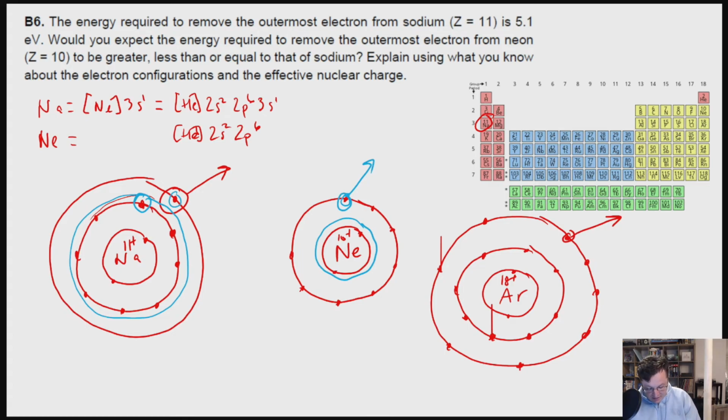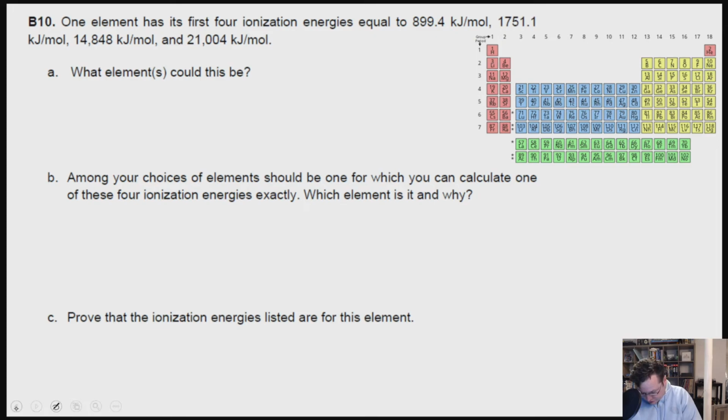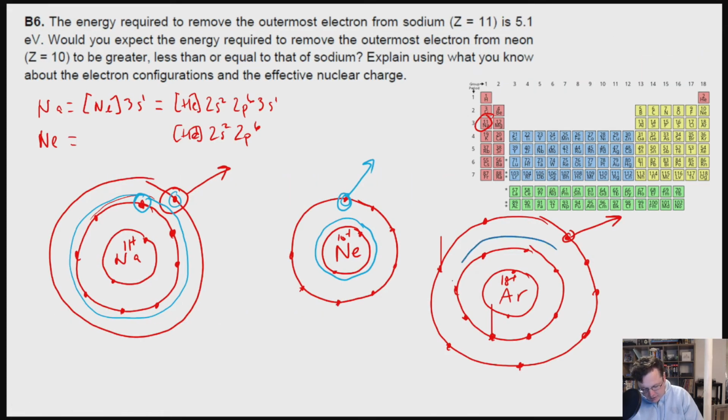And the reason again for that is there's more shielding electrons in between that outermost electron and the nucleus. Even though the nucleus has more protons, there's still more shielding electrons in between the two of them. And there's also the fact that it's further away. If you think about a magnet, the attraction between two magnets, the further away they are, the less it becomes.